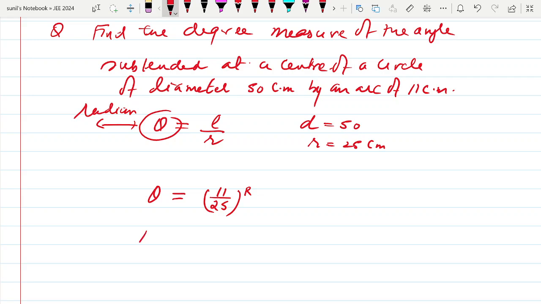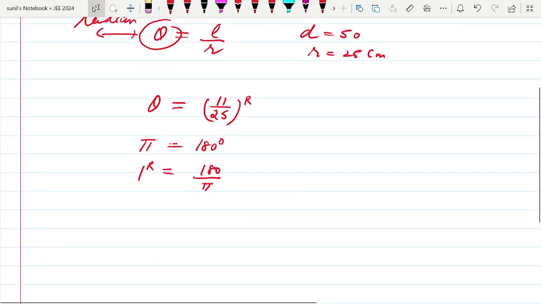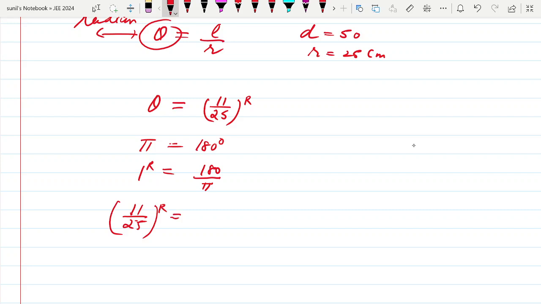We know that pi radian is equal to 180 degree. So 1 radian angle is nothing but 180 by pi. So 11 by 25 radian will be 180 into 11 by 25. We'll write pi as 22 by 7.